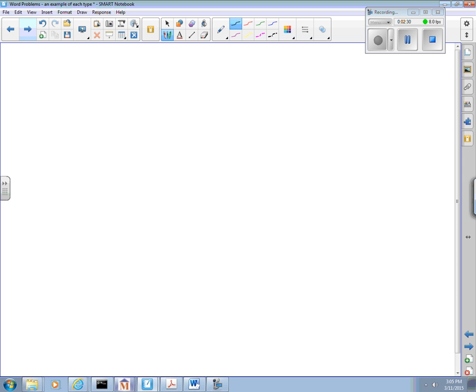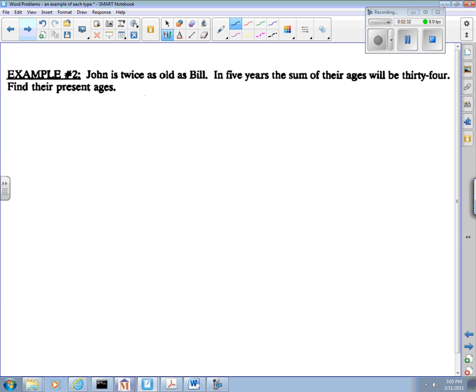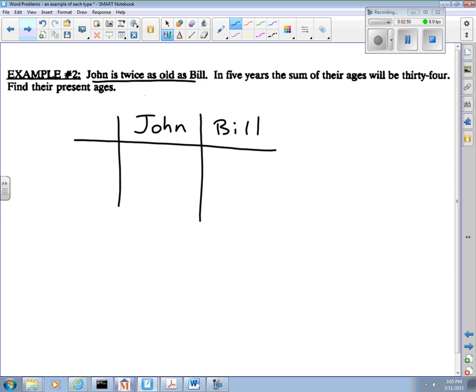So next I'm going to do example 2, which is a little tougher because now there's 2 time frames. John is twice as old as Bill. In 5 years, the sum of their ages will be 34. So I'm looking at 2 people, John and Bill, but I'm looking at them at 2 different time frames.